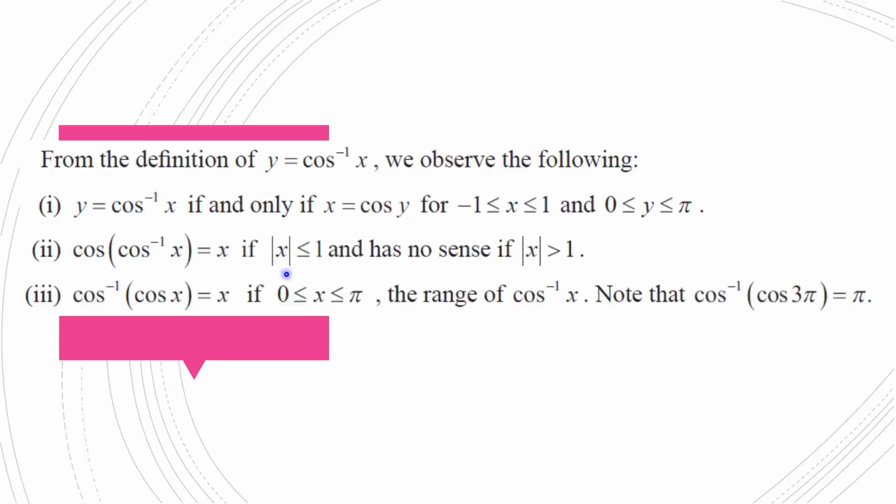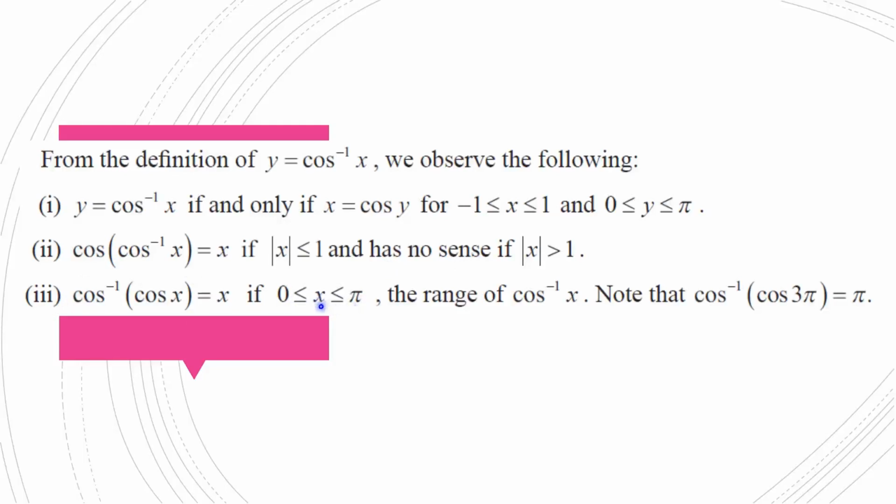So we already know the values of x will only be from -1 to 1. That is represented as modulus of x, and it has no sense if modulus of x is greater than 1. So the value of modulus of x has no chance of being greater than 1. The third point is cos inverse of cos x is equal to x if 0 less than or equal to x less than or equal to pi.